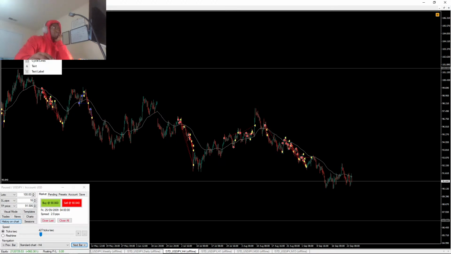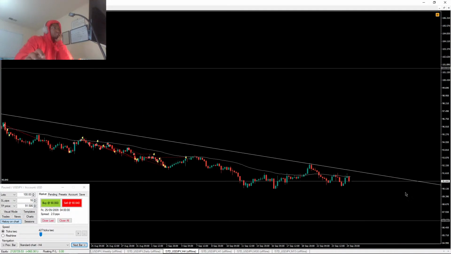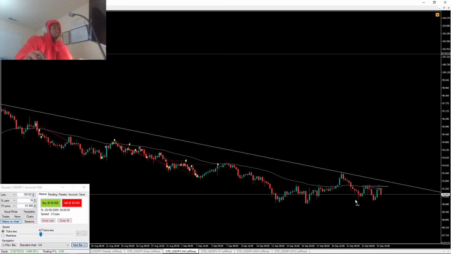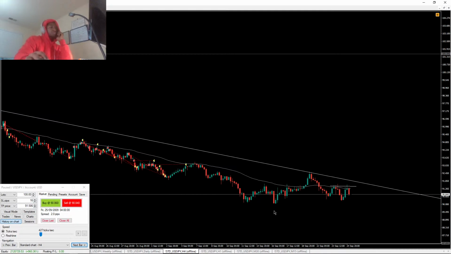So I need to continue to look for sells until the trend line is broken. Okay, we have a flat pattern on the 1 hour time frame. And it looks like the 50 test.